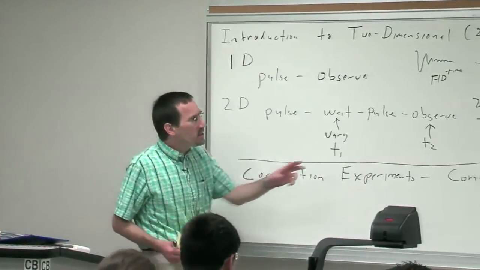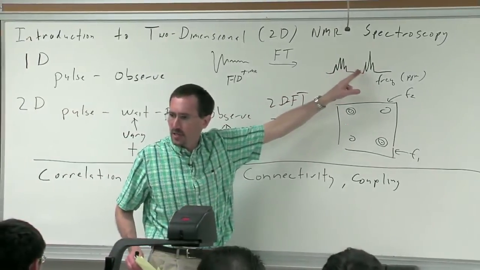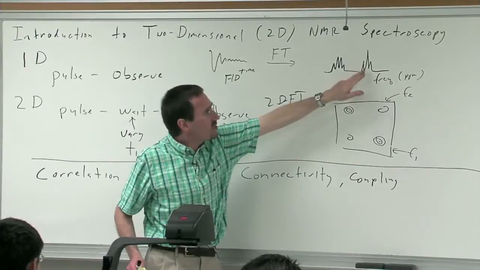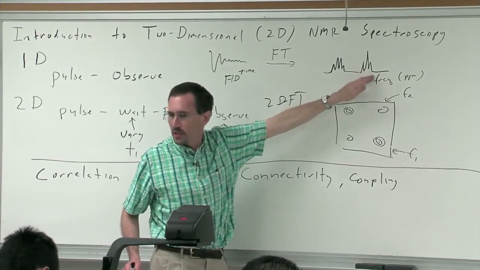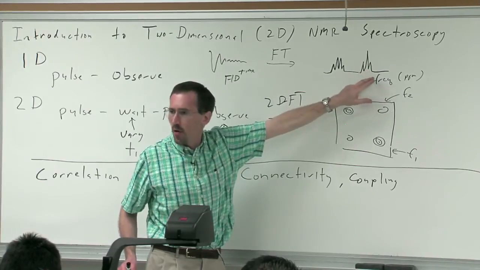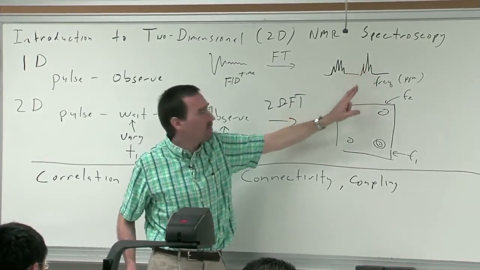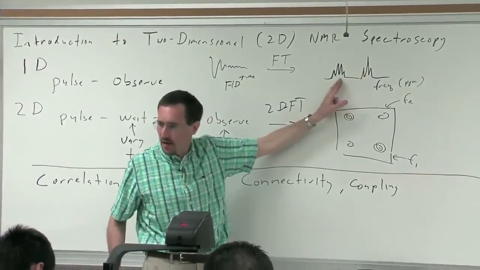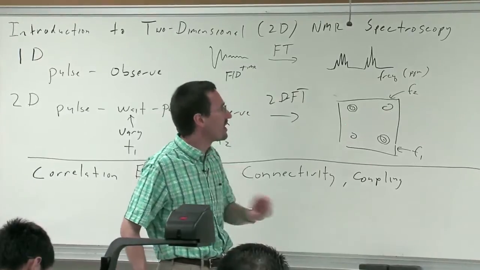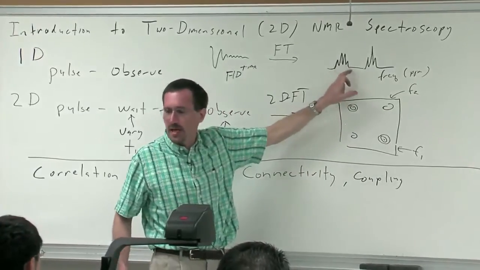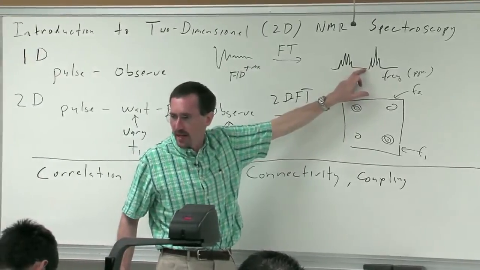You've already been using this type of information from coupling patterns and coupling constants. When you see a triplet here that integrates to 3 hydrogens, you say, oh, that's a methyl group next to a CH2 group. When you see a quartet that integrates to 2 hydrogens, you say, oh, that's a methylene group next to 3 hydrogens, maybe a methyl group.